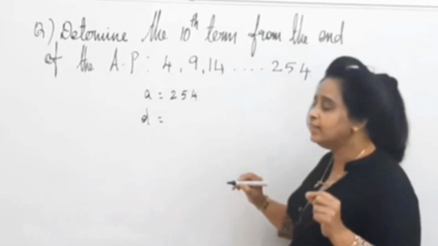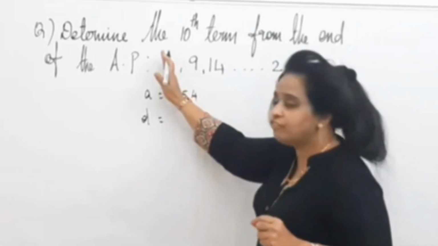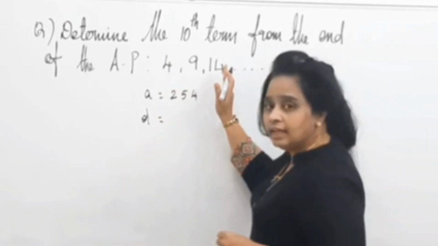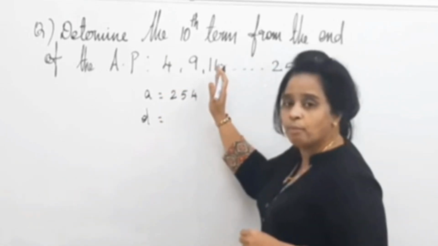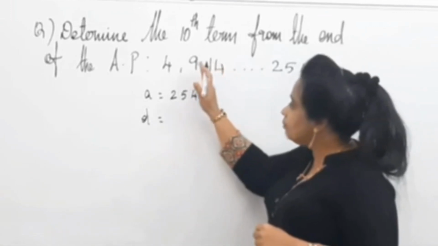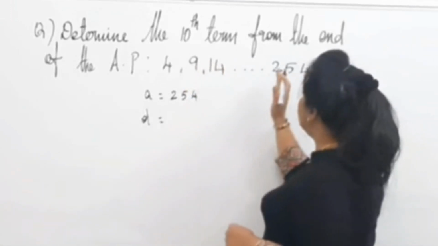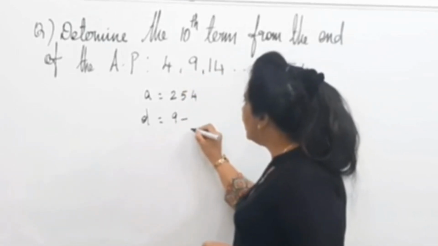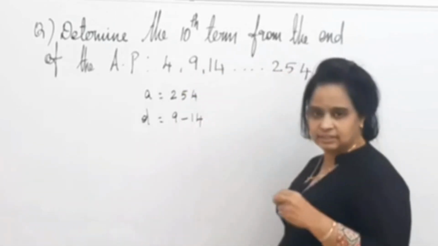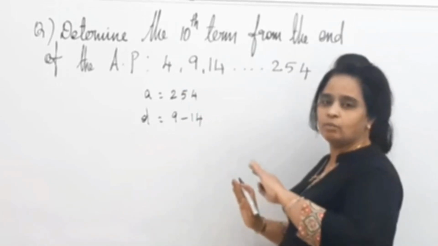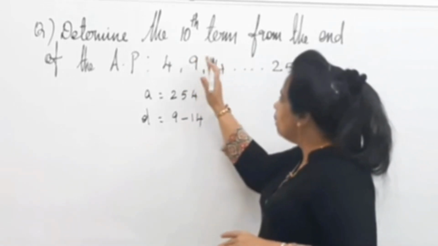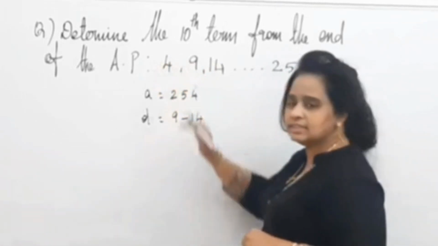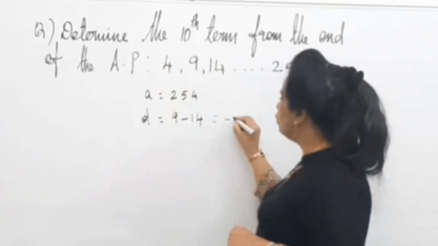If you are finding the nth term from the left side, then D you will find as A2 minus A1 or A3 minus A2. Now, when you are asked to find from the last term, you just reverse it: this minus this one, you will find your D. The same way, 4 minus 9, you will get minus 5.